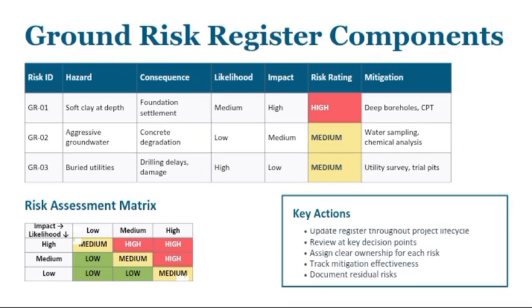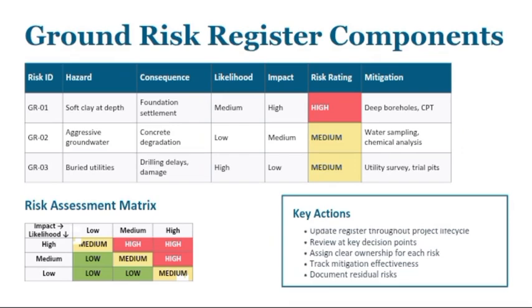So for example, suppose soft clay causing foundation settlement has both high likelihood and high consequence. That means it becomes a priority risk requiring immediate mitigation. So you can see how this risk matrix helps, and why the ground risk register is very, very important.